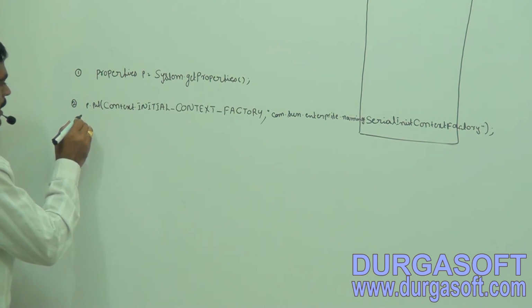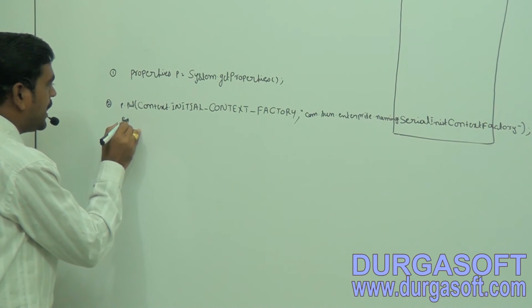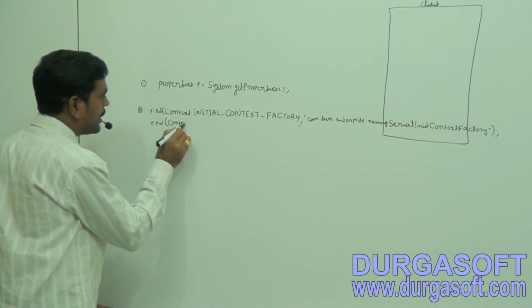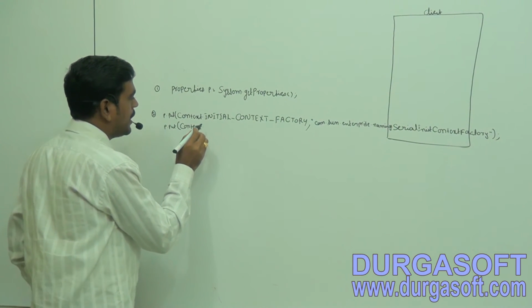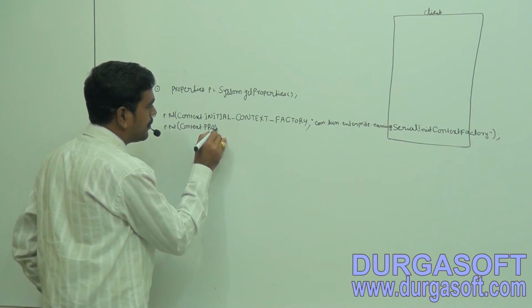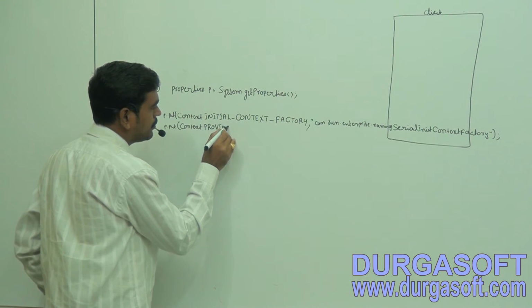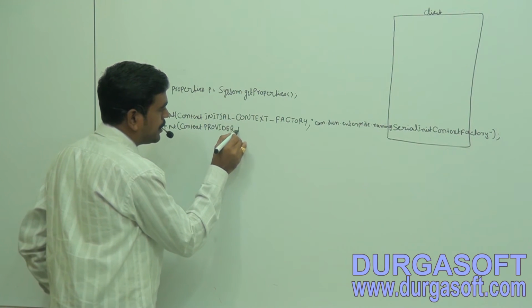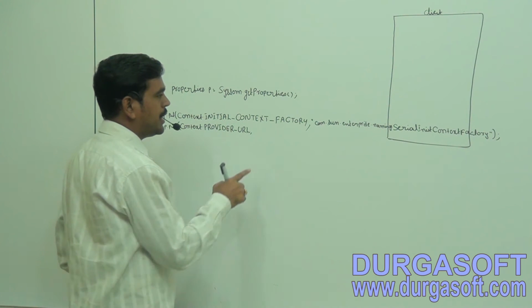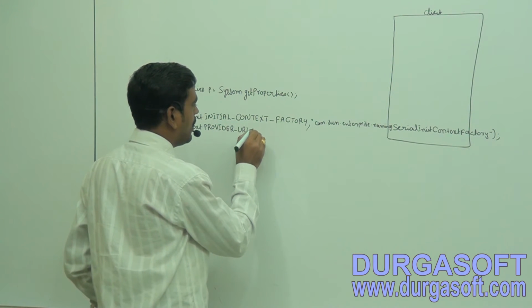The next, second property: P dot put Context dot PROVIDER_URL. Now here we can pass the URL.